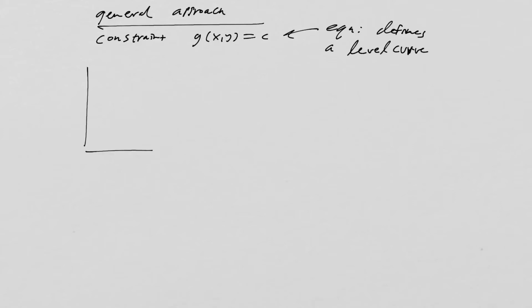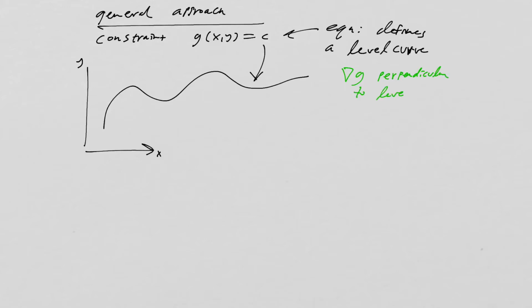So if I have x here and y there, that could be a level curve defined in that way. We also know that if I take the gradient of f, this is always, of course, perpendicular to level curves. So level curves are always perpendicular.